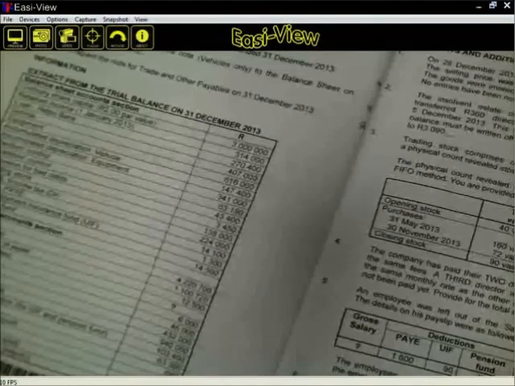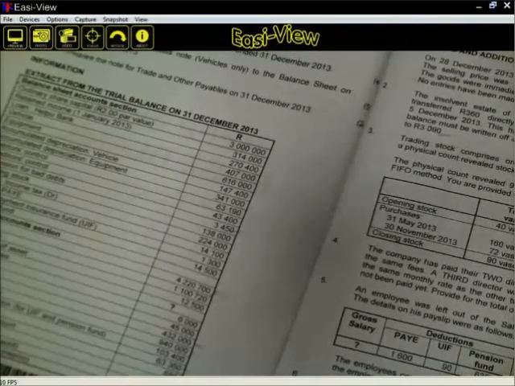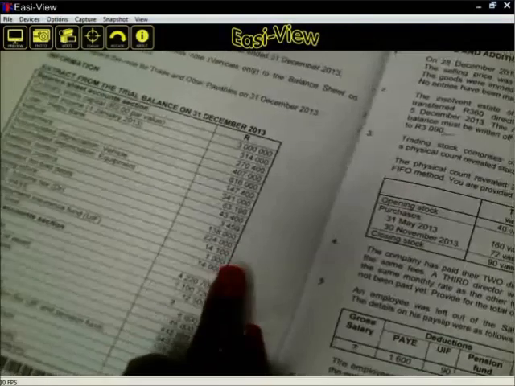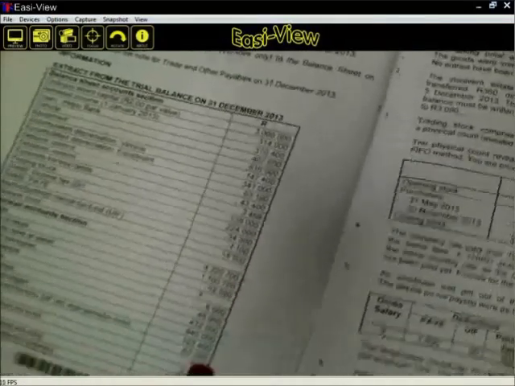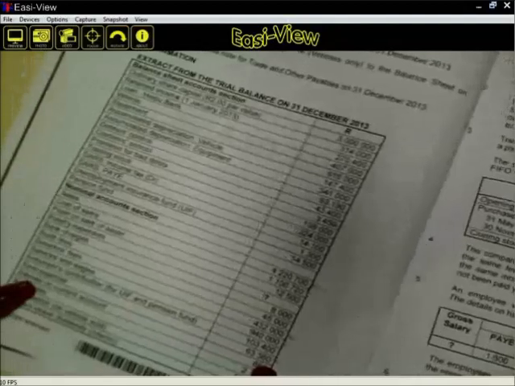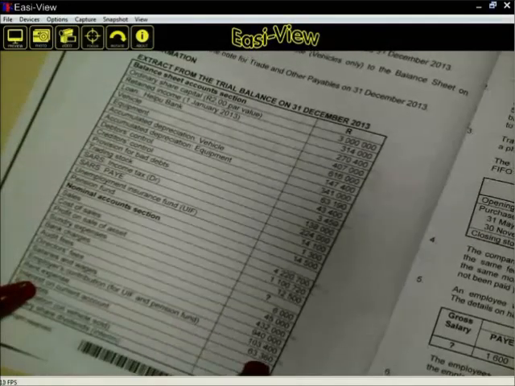From the trial balance here, where's the rent now? Here it is. Rent expense. Is the rent expense 63,360?